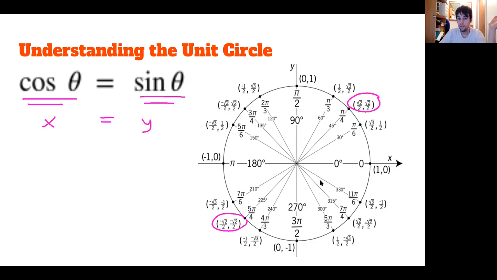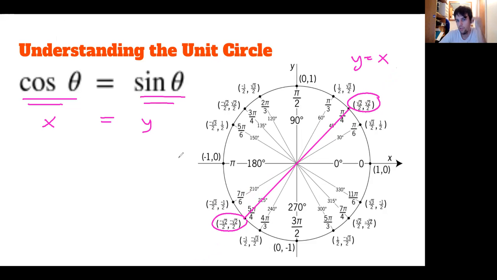No other place on the unit circle has y equal to x. If you think about the equation y equals x, that line is the 45-degree line, with a slope of 1, up 1 over 1, and so forth. Those are the only places on our unit circle that pass through that line.